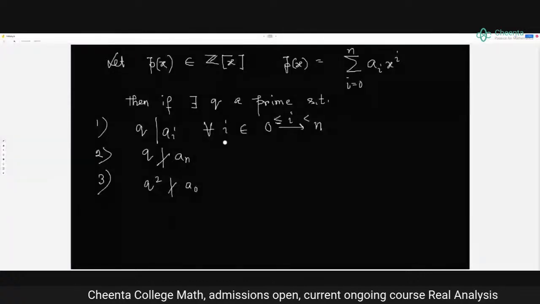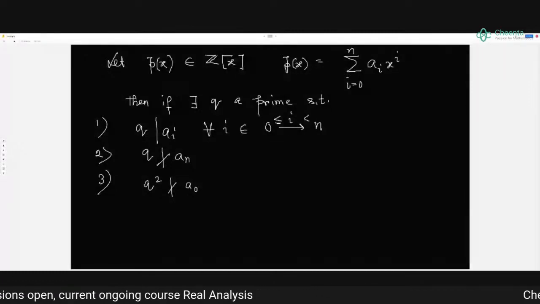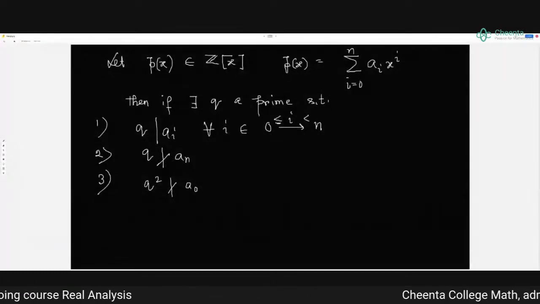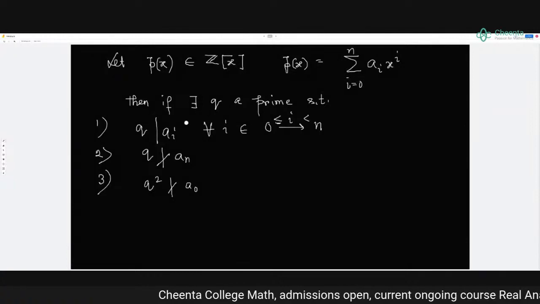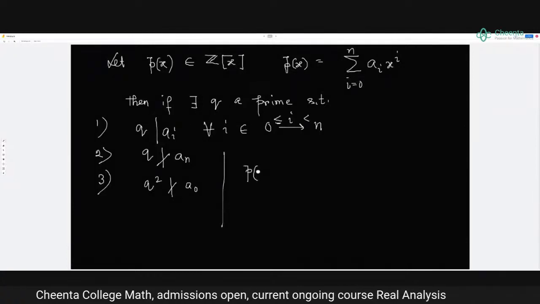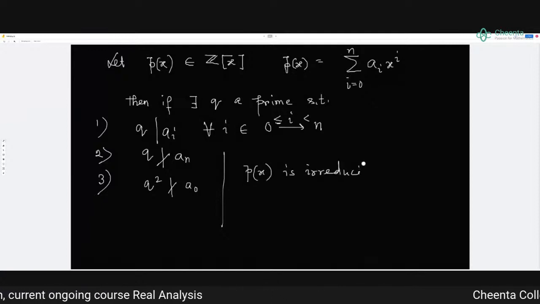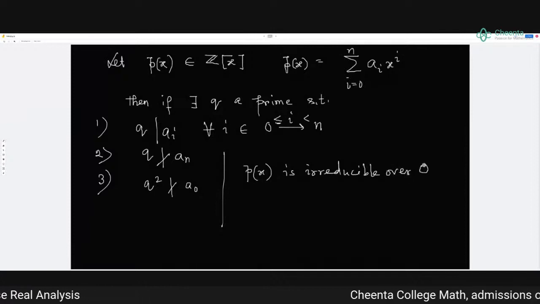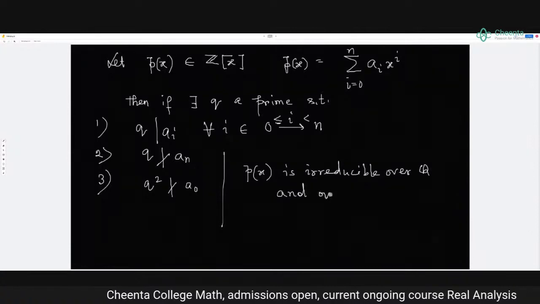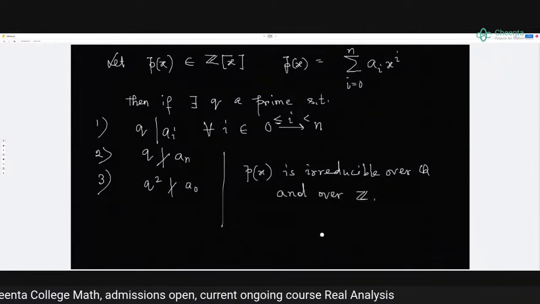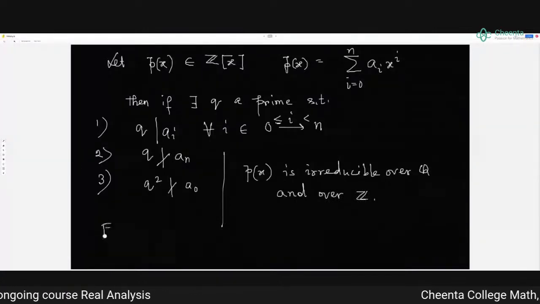So if there exists such a polynomial which has these criteria, that there exists such a prime such that these three properties hold, then P(x) is irreducible over Q and over Z. So this is the Eisenstein's criterion.